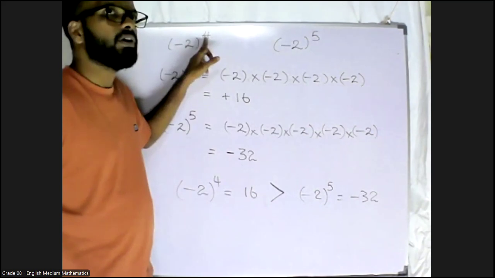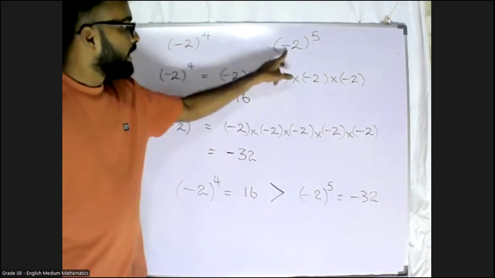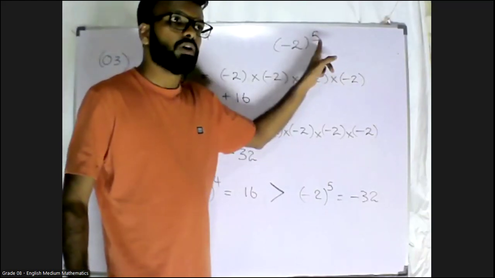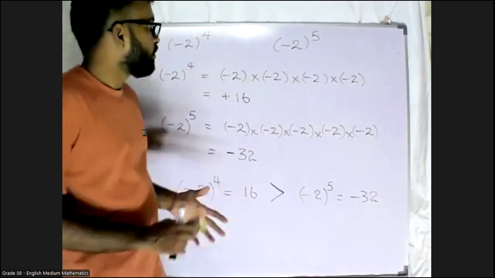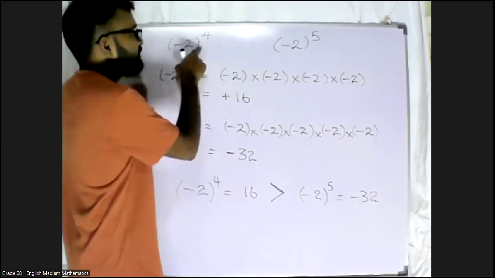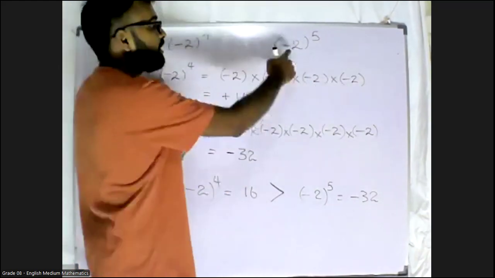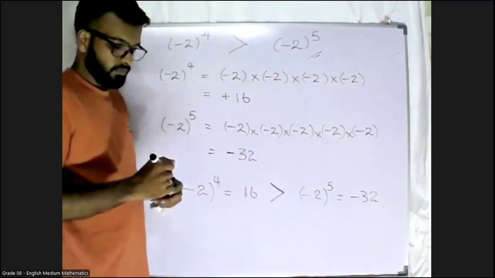Negative value, even power, the value should be positive. Negative value, power is odd, negative value. So definitely this is the positive value, this is the negative value. Positive value is greater than the negative value. This is the final answer. No need to do this.